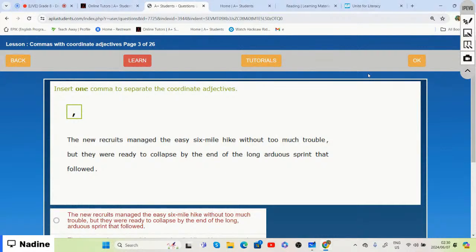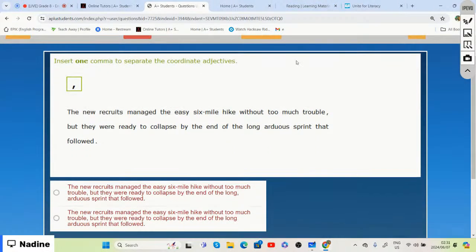The new recruits managed the easy 6 mile hike without too much trouble, but they were ready to collapse by the end of a long, arduous sprint that followed. So we need to add one comma to separate our coordinate adjectives.